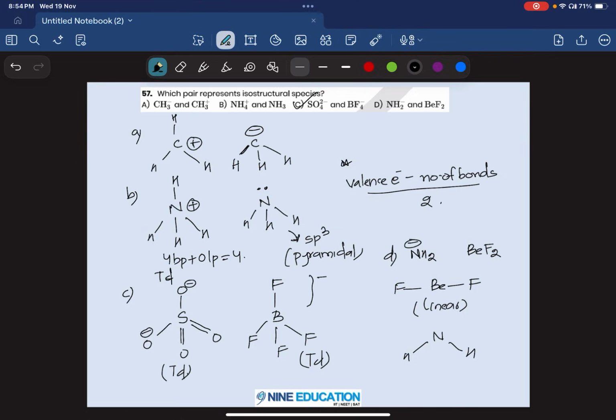It has a bent shape because there is a lone pair, and one negative charge is also counted as a pair of electrons. It's like two lone pairs and two bond pairs. That means it's like a water molecule structure, a bent shape. So the option would be option C.